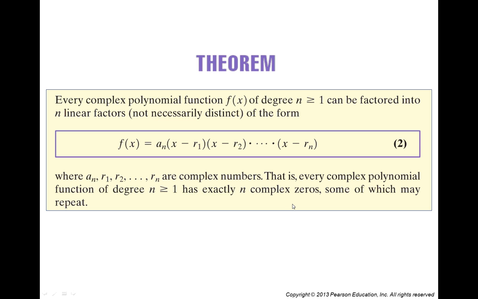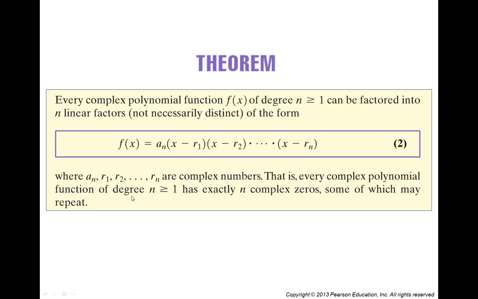Every complex polynomial function f of x of degree n greater than or equal to 1 can be factored into n linear factors, not necessarily distinct, of the form a sub n times x minus r1, times x minus r2, all the way until we get to x minus r sub n, all the roots or zeros listed, where a sub n, r1, r2, and r sub n are complex numbers.